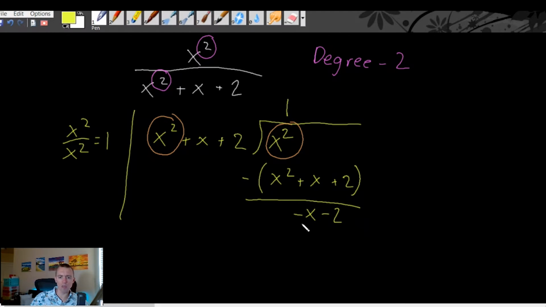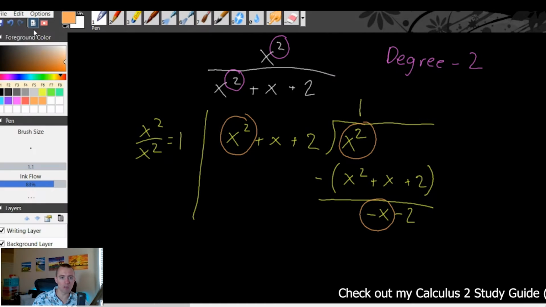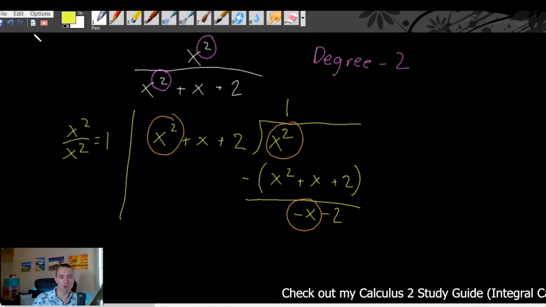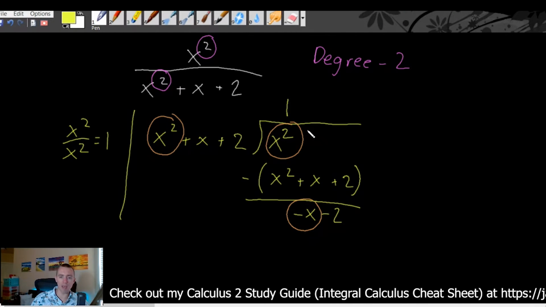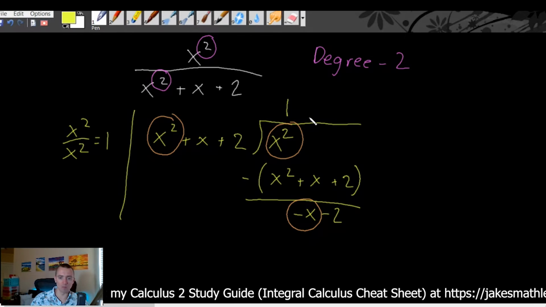Okay, so then we would again just be looking at our leading term here. This time through, our leading term is negative x. If we were to do negative x divided by x squared, well, that's where we know the problem ends. We can't do negative x divided by x squared and actually get a number up here.